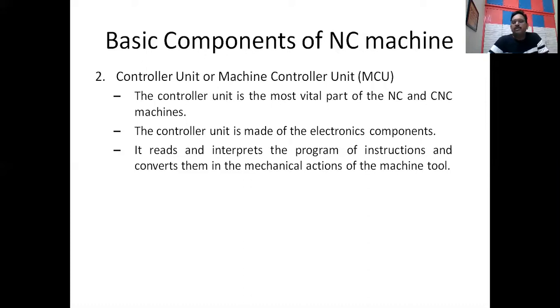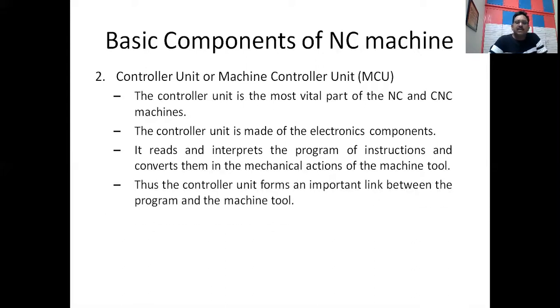So whatever program of instructions is given to this machine control unit, it should read the program of instructions given to it, and it should also interpret them, and it should convert them into mechanical actions of the machine. That means, first of all, it should read the program of instructions, it should understand, and it should give directions in the form of mechanical actions to the machine tools, so what has to be performed.